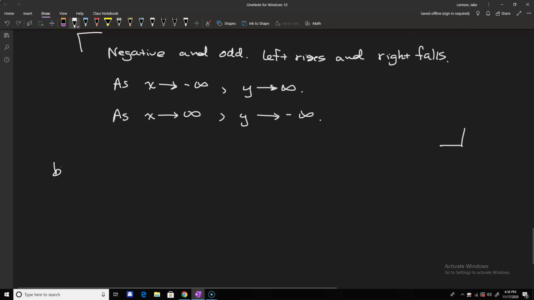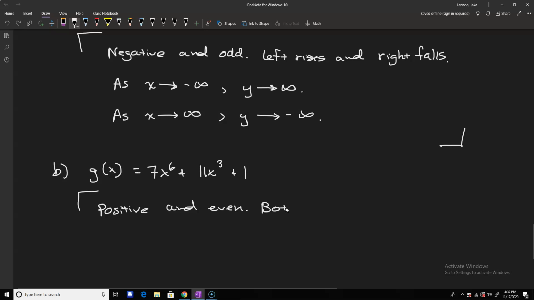Let's do another one of those. Let's say we have g of x is 7x to the 6th plus 11x cubed plus 1. Again, we're just looking at the 7x to the 6th, so this is positive and even, which means both sides rise.